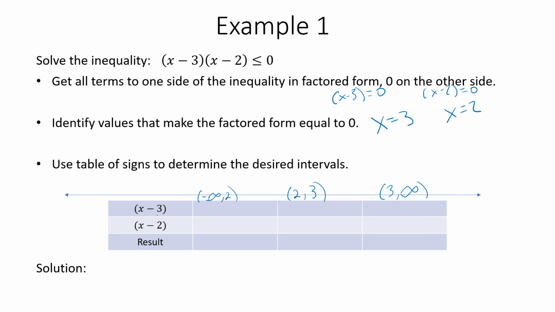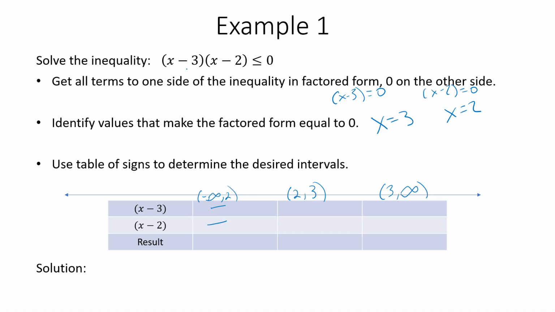If you chose, say, 1, then 1 minus 3 would be negative 2, so that term is negative. What about the second term, x minus 2? If I plugged in 1 or even 0, I would get 1 minus 2, which is negative 1, so a negative value.